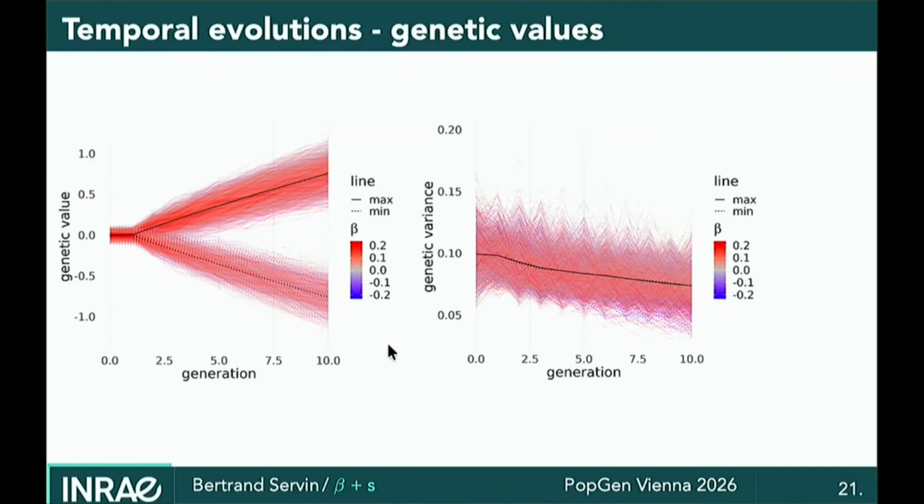It's just that some of it comes from the QTL and some from the polygenic component, and the contribution of each differs depending on the QTL effect. Same thing for genetic variance, which decreases through time because of selection and inbreeding, but that doesn't depend on the QTL effect. So our simulations in terms of response to selection don't depend on the QTL effect.